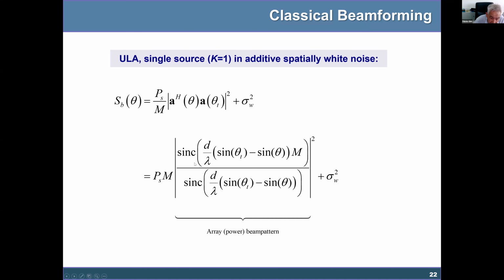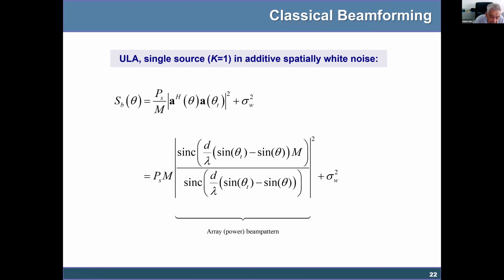So this is the array beam pattern, modulo square, and then you multiply by the energy of the signal, because Ps is the power, M is the length. So this product here is the energy of the signal, plus the noise.